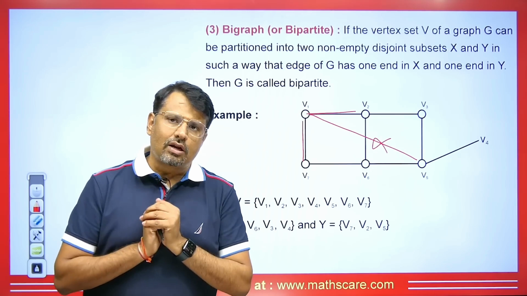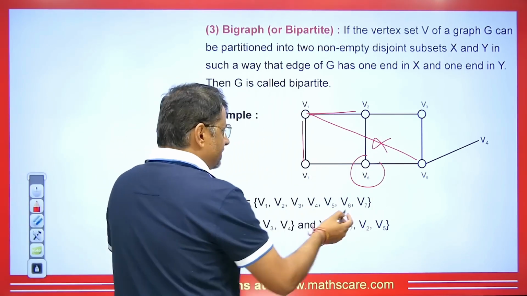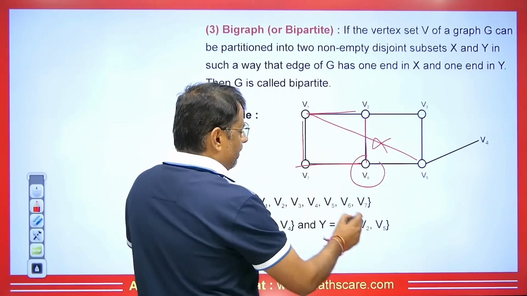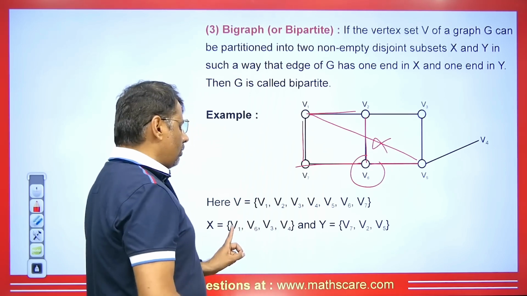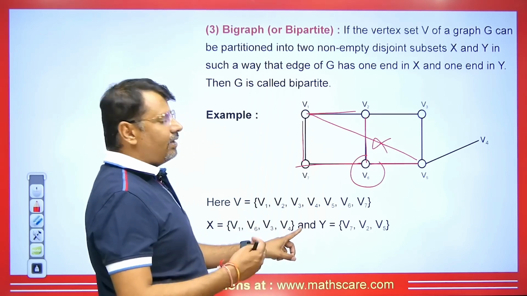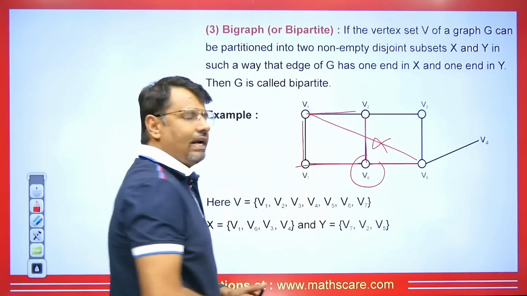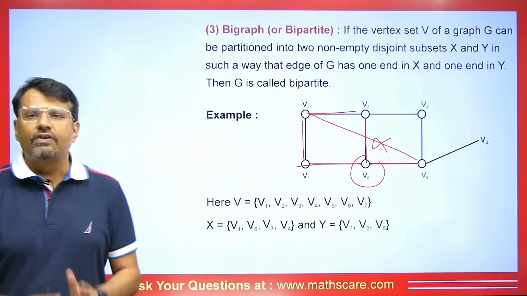Through this method you can check V6. V6 is connected with V7, yes. V6 is connected to V2, yes. With V5 as well. Every vertex must be connected, but V1 did not connect. V6 did connect, but V3 will not be connected. If every vertex is connected to every vertex of the other set, then it is complete bipartite. If one is and the rest are not, then it will not be a complete bipartite graph.